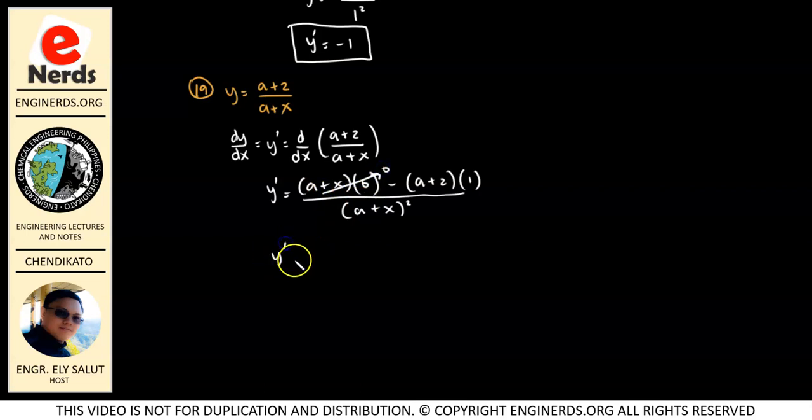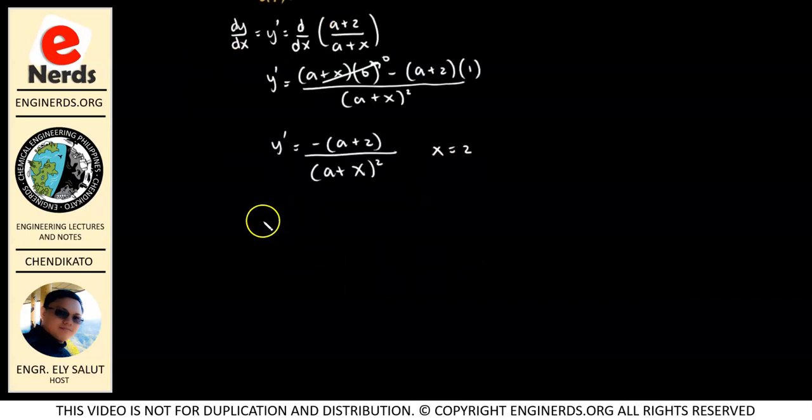So our y prime is equal to negative a plus 2 over a plus x squared, but our x is equal to 2, so we have to substitute that. We have y prime is equal to negative a plus 2 over a plus 2 squared.